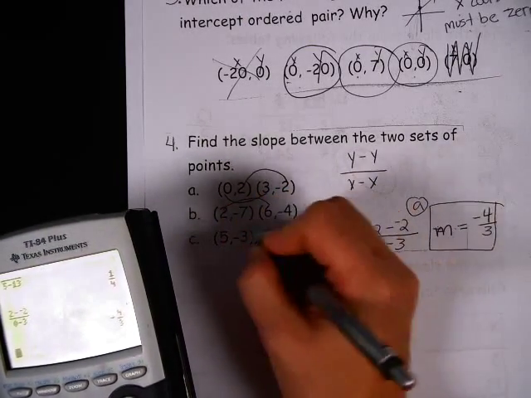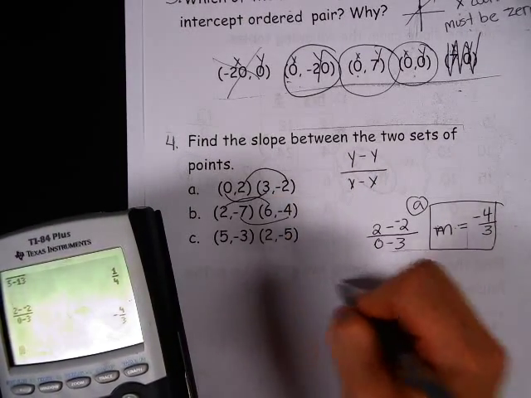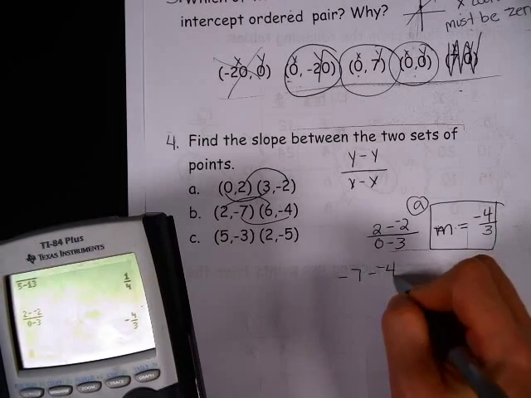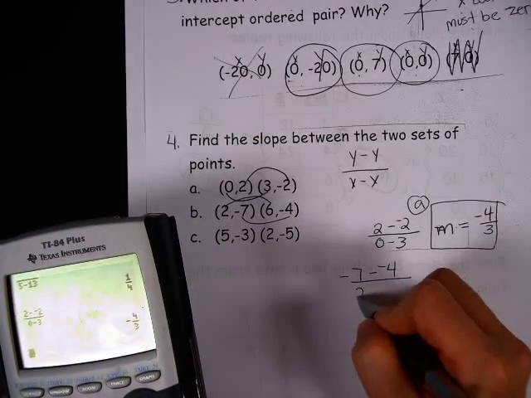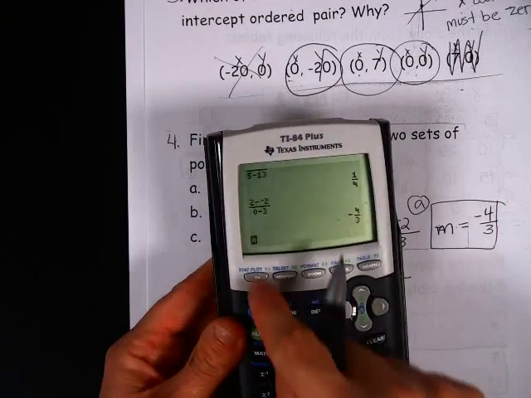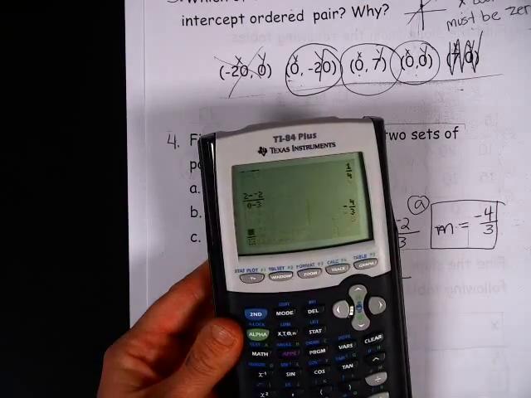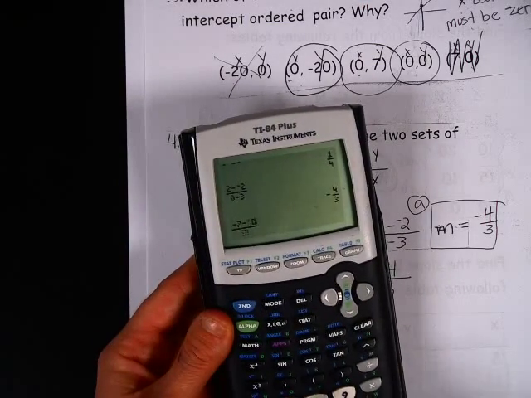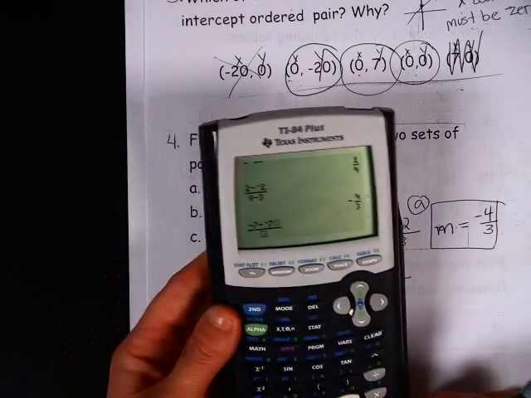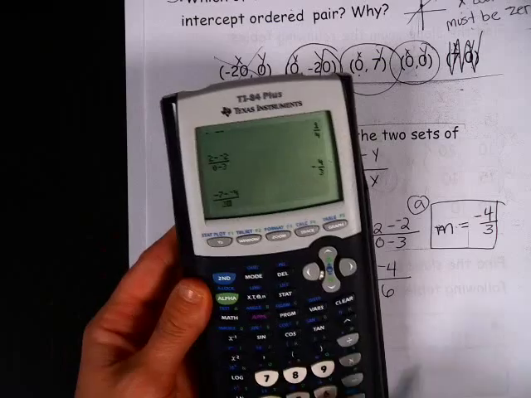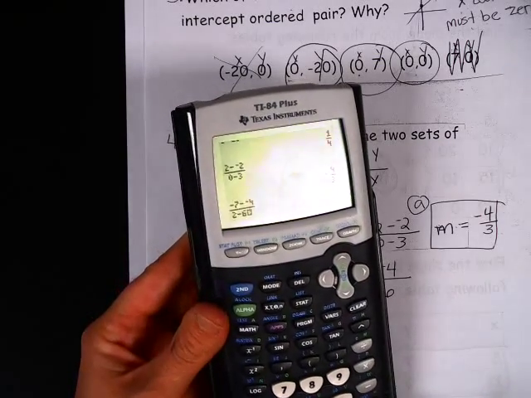Again, it's negative 7, because that's my y, minus negative 4, divided by 2 minus 6. Negative 7 minus negative 4, over 2 minus 6.